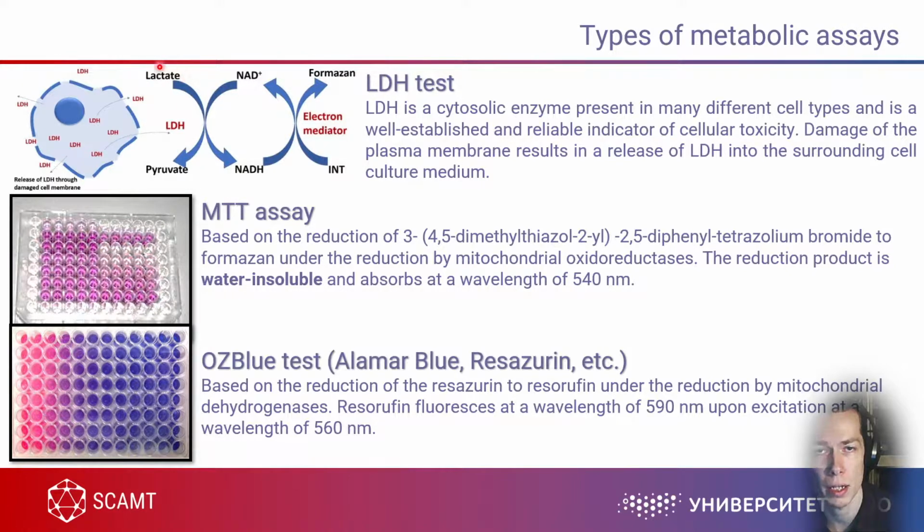Lactate can undergo transformation to pyruvate, as part of the Krebs cycle, and to perform this we need lactate dehydrogenase, which can generate an NADH molecule during this cycle, and this NADH molecule can act as an electron mediator in the transformation of formazan.